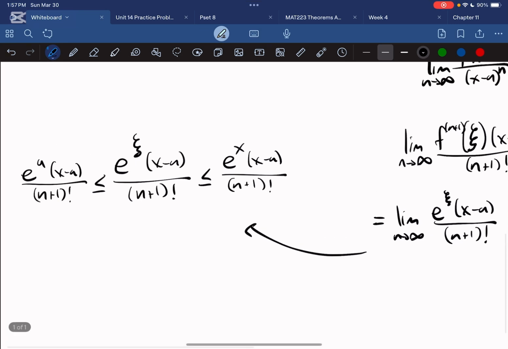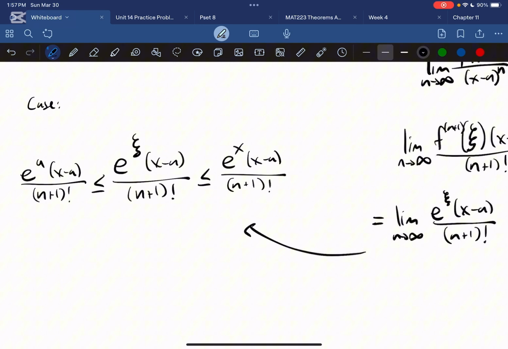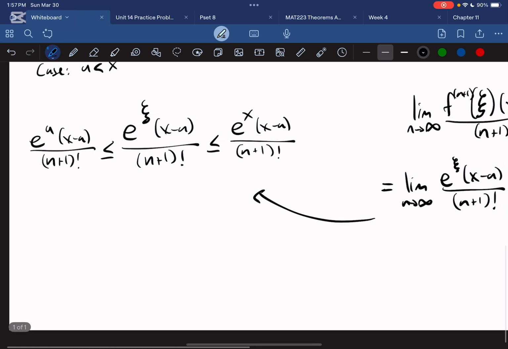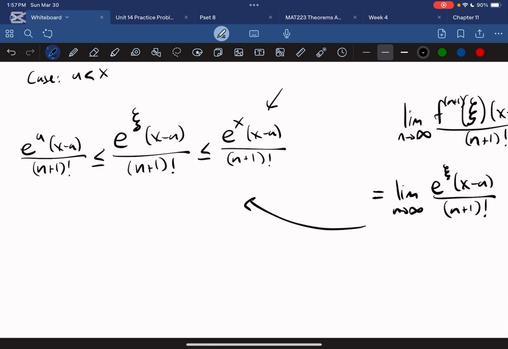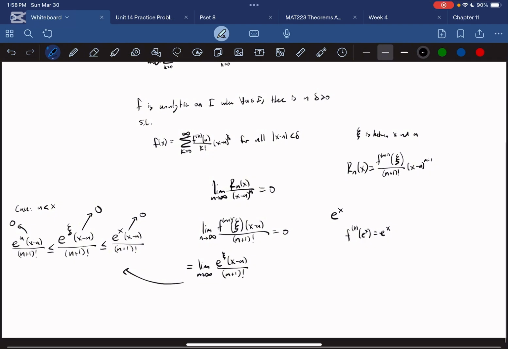This is the case when a is less than x. And now this limit goes to 0, right? Because x is just a fixed constant. This goes to 0 because a and x are just fixed constants, meaning this inner function must also go to 0. And boom, so that's case 1.